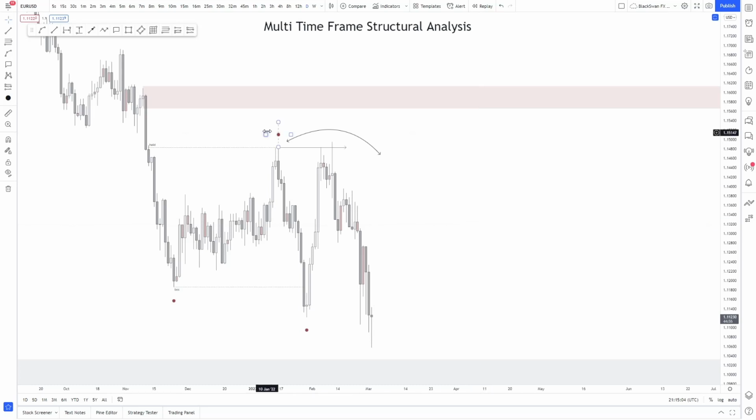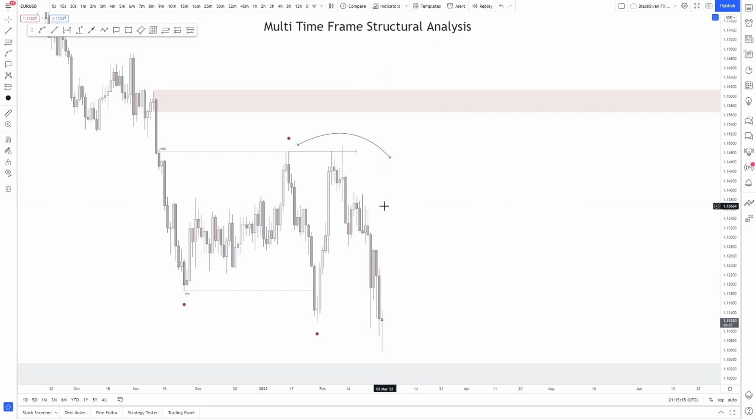Until we see that, these wicks, we consider them as liquidity grabs, and they merely happen just to collect liquidity and to take out any early sellers or any sellers who have been selling the market for some time.